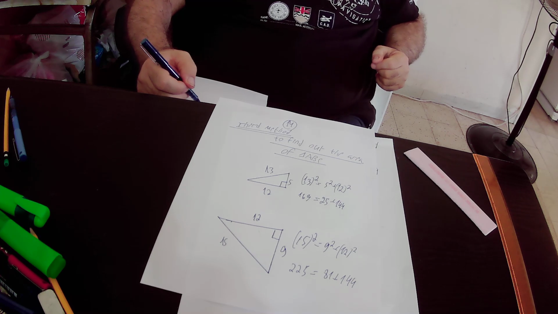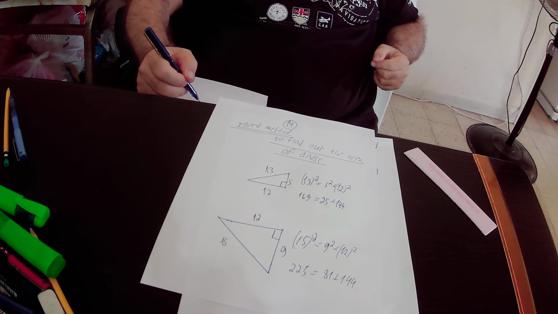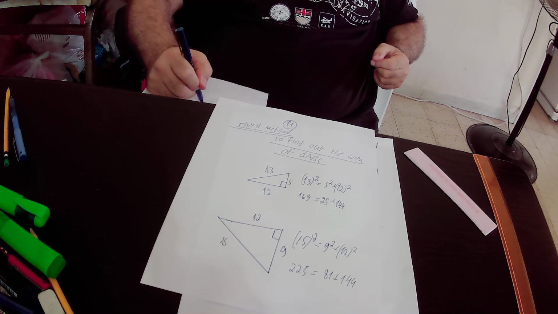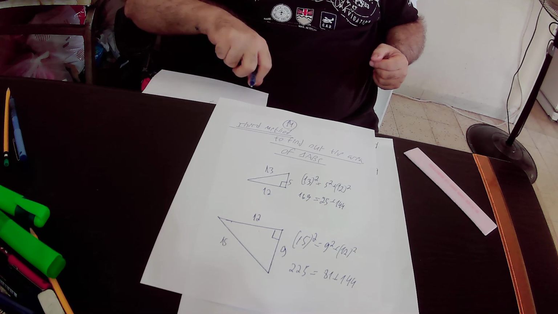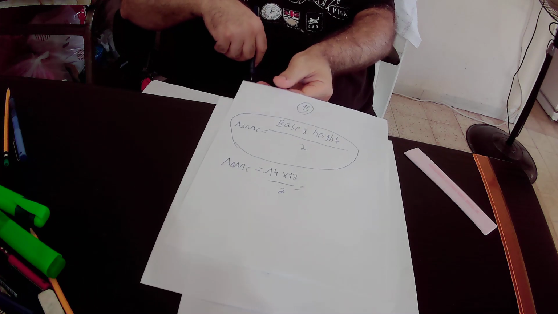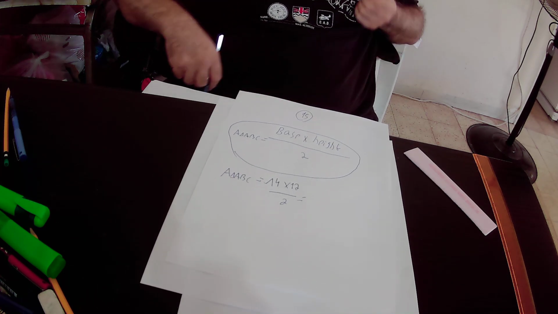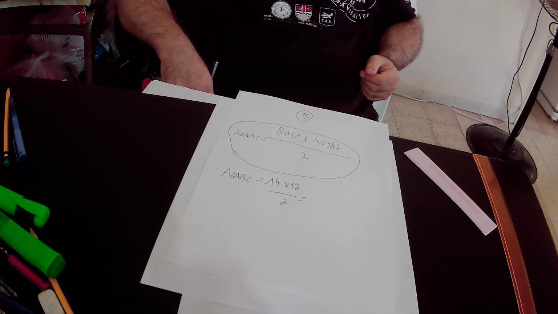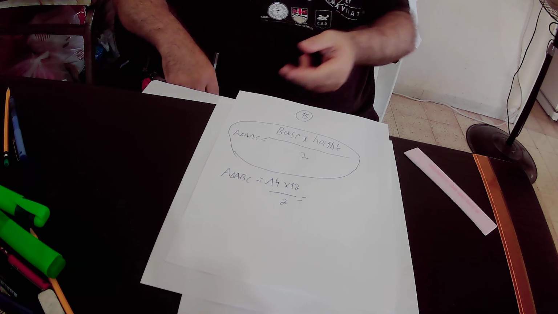Okay, so it is 14 times 12 over 2. So we found out that the area of triangle ABC equals 14 times 12 over 2. 12 over 2 is 6.